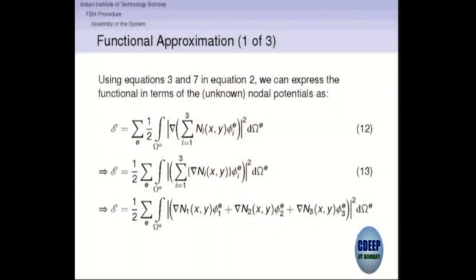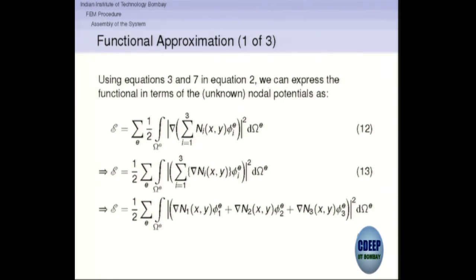Now the next one or two slides are just simple vector calculus and some simplification. Going back to equation number 7, if I remember the number correctly, the energy associated was equal to half epsilon E square.